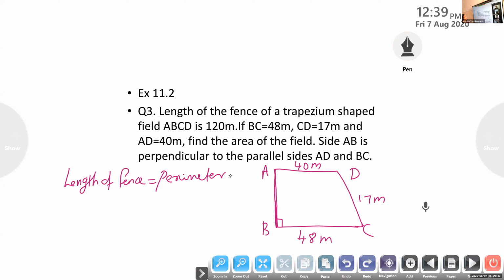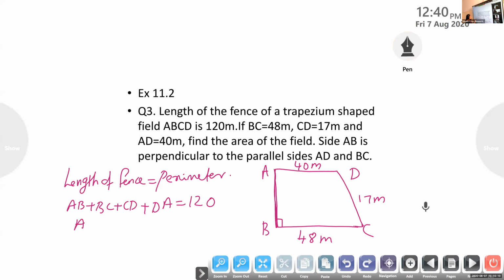Okay. So three sides are given. So how will we find AB? Ma'am, we should add all three sides, perimeter. Yes, okay, good. That is AB plus BC plus CD plus DA equal to 120.